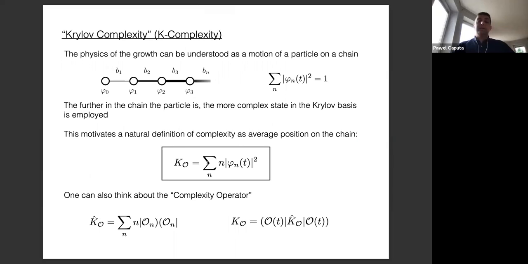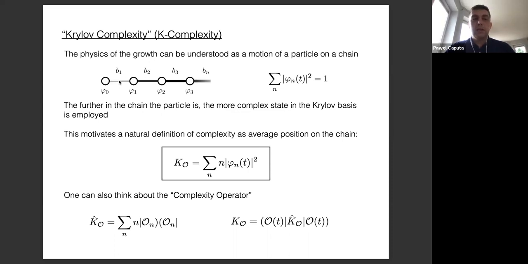Okay, and then the main object to quantify this growth of the operator is the so-called Krylov complexity, or K complexity. The way to define it is to think about this problem in the following way. The physics of the growth, or the physics of this discrete Schrödinger equation, can be interpreted as the motion of a particle on a certain chain.